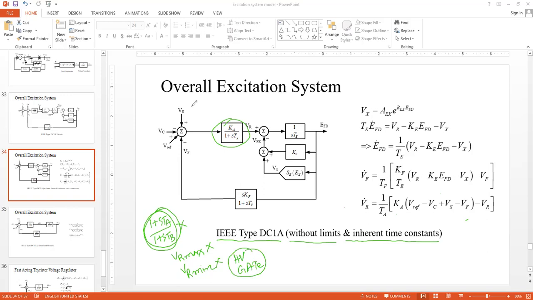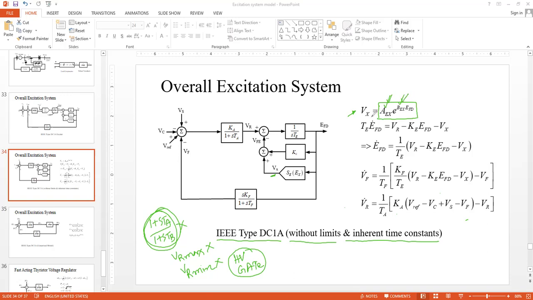And then from this block, we can simply bring out the state space modeling for this overall block diagram. What we already know is Vx, so we start with that. Vx can be represented by this exponential function along with these two constants, AEX and BEX.